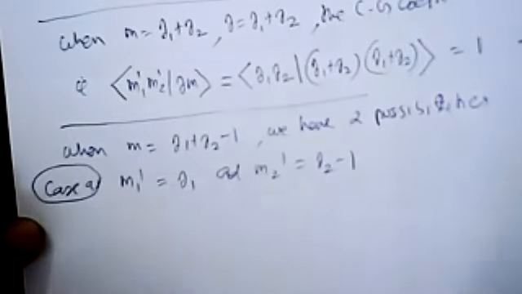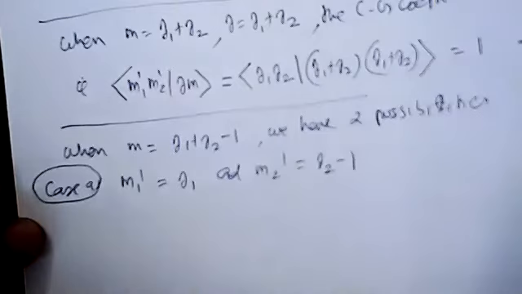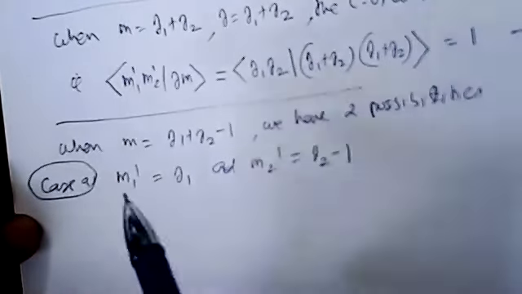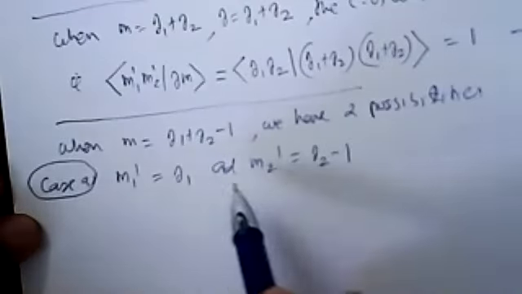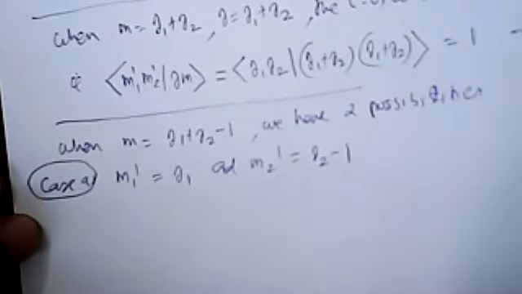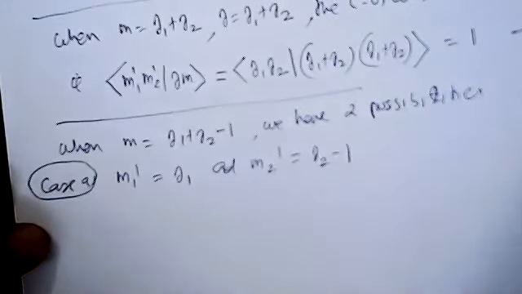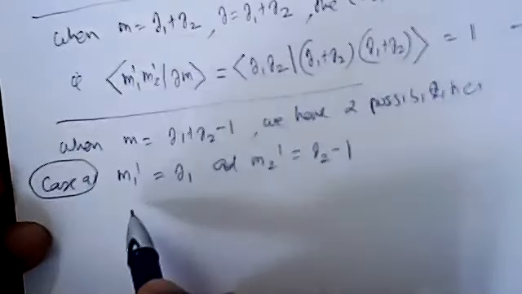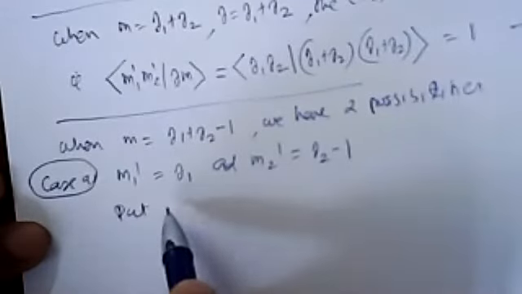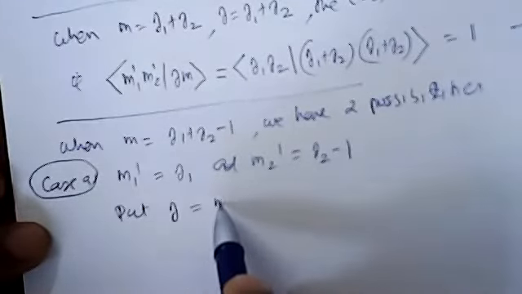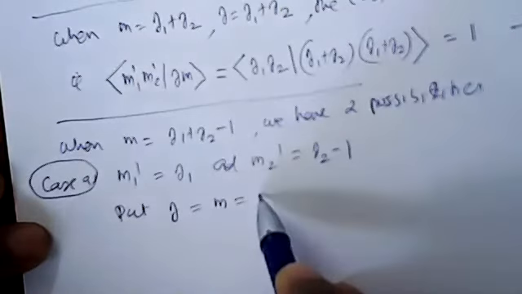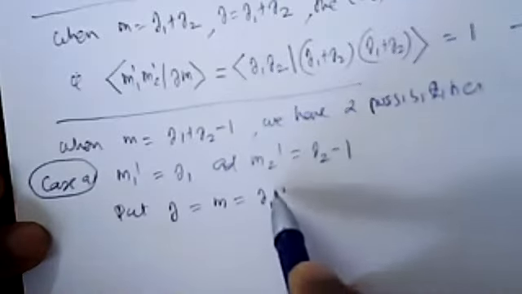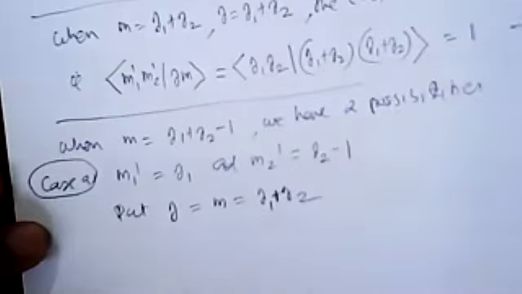We will discuss that slightly after completing this. So the first case is m1' equal to J1 and m2' equal to J2 minus 1. Here also we can put J equal to J1 plus J2 and M equal to J1 plus J2.